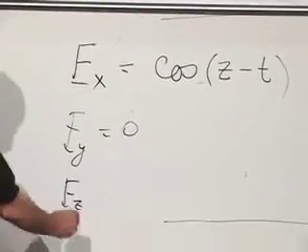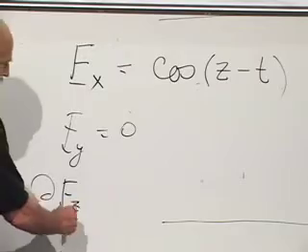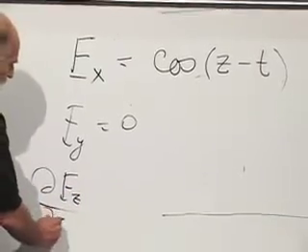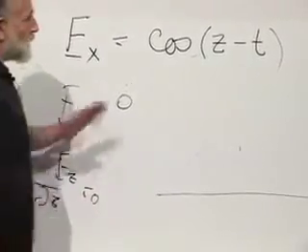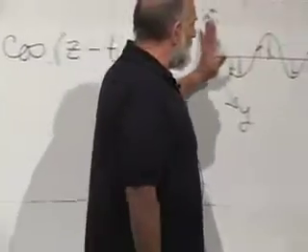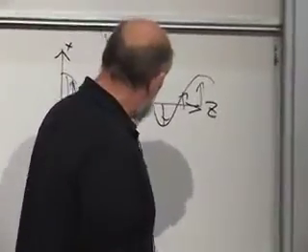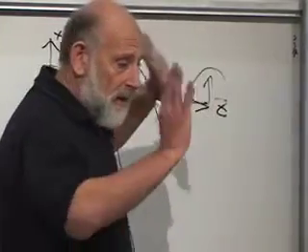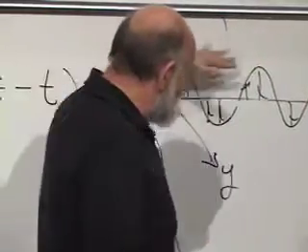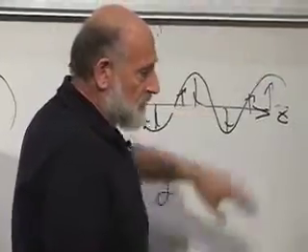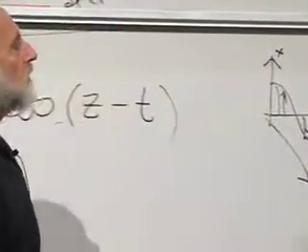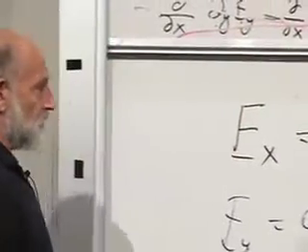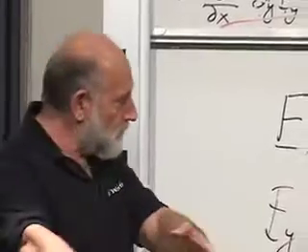So what that says is that the derivative of Ez with respect to z must be equal to 0. In other words, the z component of the electric field cannot vary as you move along here. It must be constant. Constant could be a constant electric field. Let's just throw it away. A constant electric field is not very interesting. It's certainly not part of a wave motion.